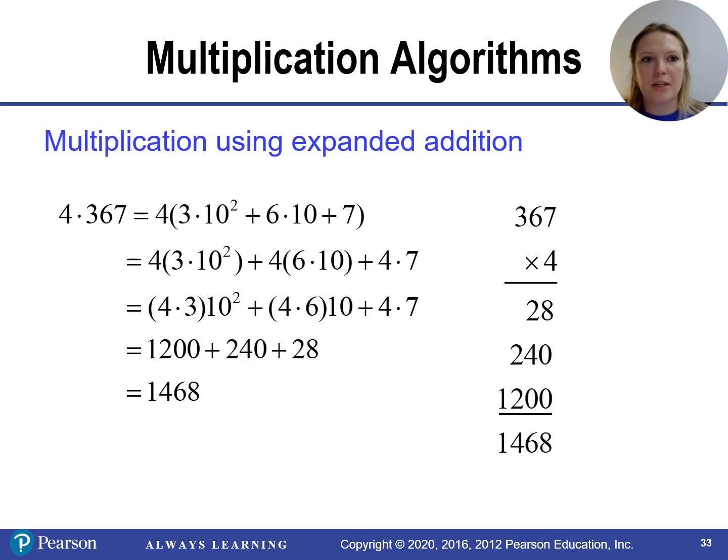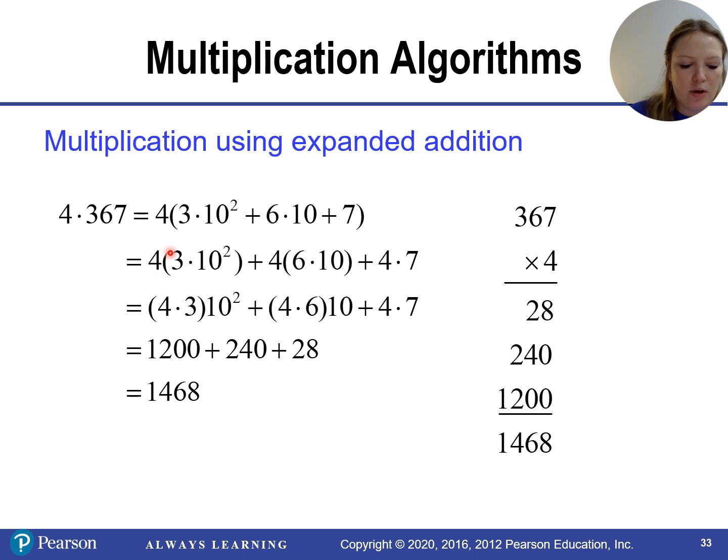All right, so here's another example of how we can use that expanded addition or partial products method. So again, if we have 4 times 367, that is the same thing as doing 4 times 3 times 10 squared, plus 6 times 10, plus 7, because we have 3 hundreds, 6 tens, and 7 ones.